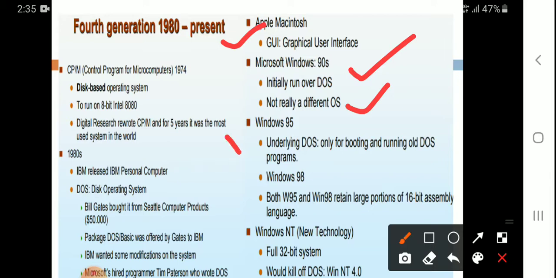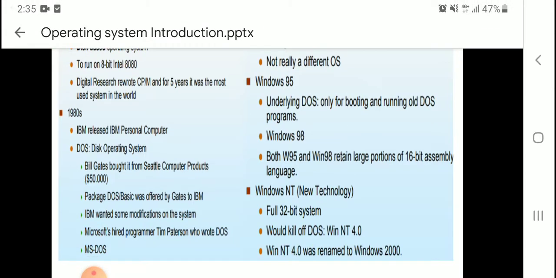Next we have Windows 95, which was underlying DOS only for booting and running all DOS programs. Windows 98: both W95 and W98 retained large portions of 16-bit assembly language. Windows NT is a new technology, a full 32-bit system, which would kill off DOS.